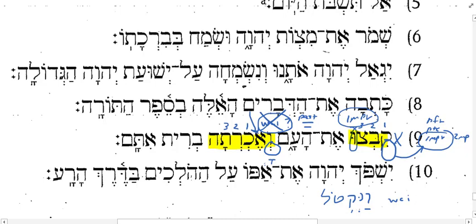This is why I'm belaboring this, is because you might forget that WCIs have the special pointing of the vav, but when you try to translate it like a WCI, it doesn't make good sense given the context, right? Gather the people, and I, past time, cut a covenant with them, right? That doesn't make sense.